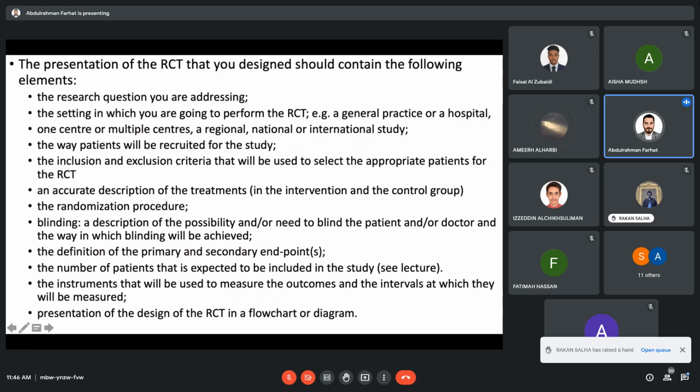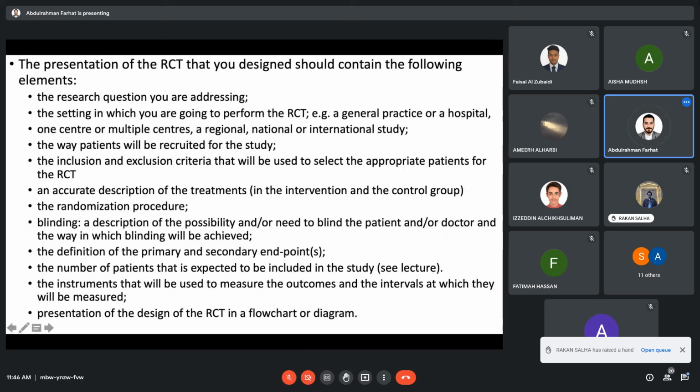So these are the components of your presentation. Basically, it's whatever we discussed today. You will type the research question you're addressing, and you will also break down the research question into the components of PICO. You will write the setting, whether it's one center or multiple centers. You will describe the way the patients will be recruited in your study, the inclusion and exclusion criteria, and explain them and why you chose them.